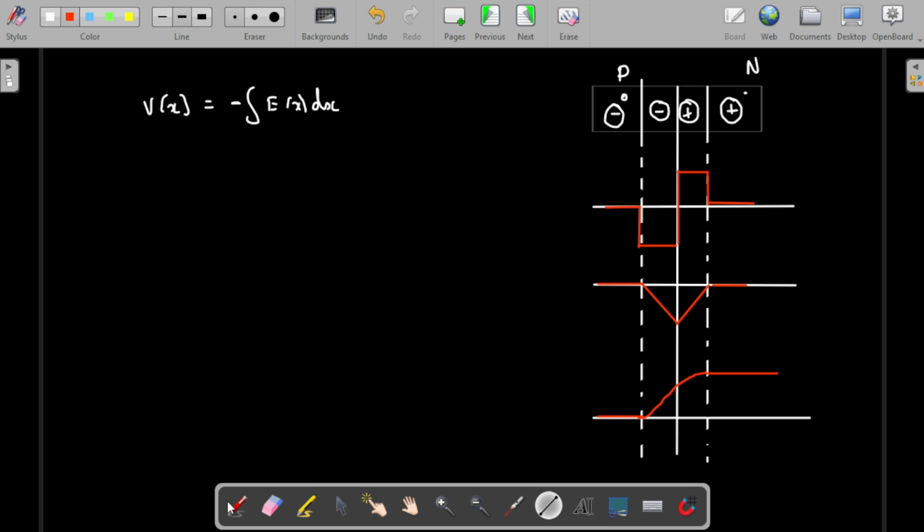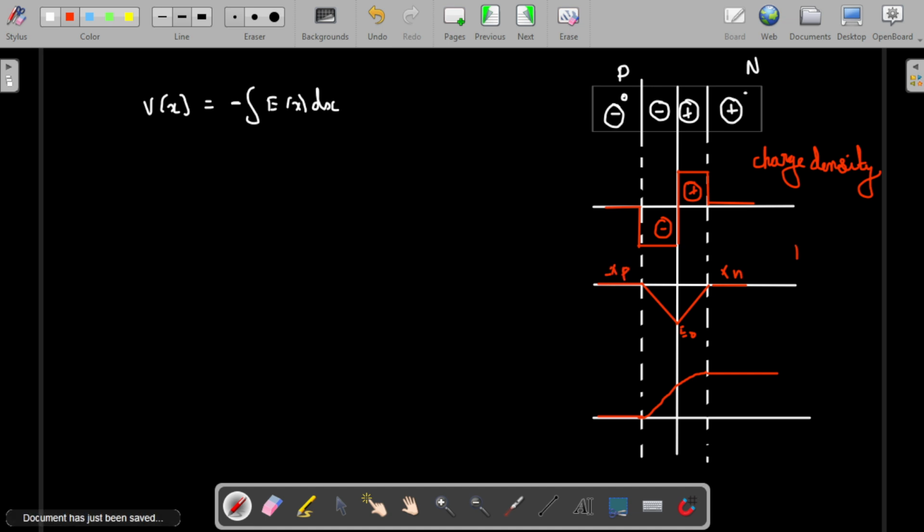Okay, so let me name everything. So this is negative, this is positive, so this is charge density. Okay, so this is the electric field, so it will be E0, this is Xn, this is minus Xp.